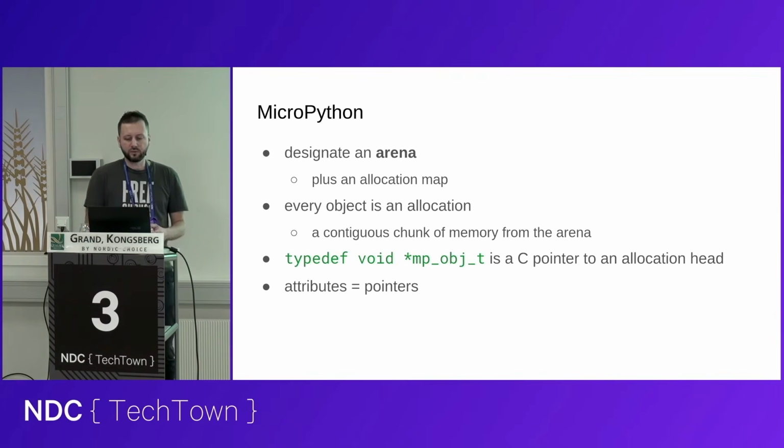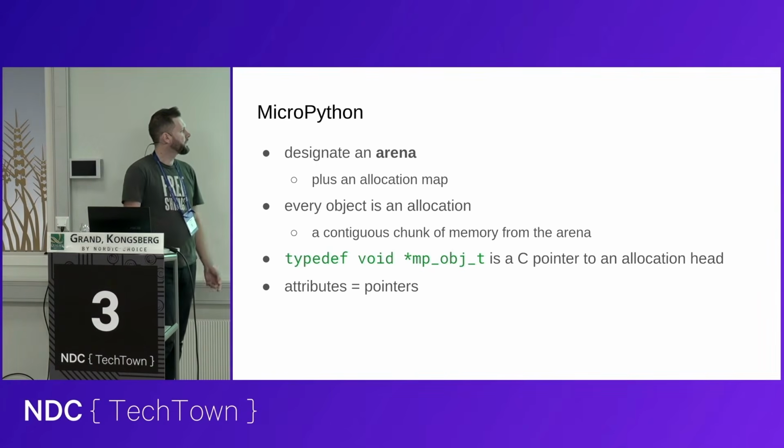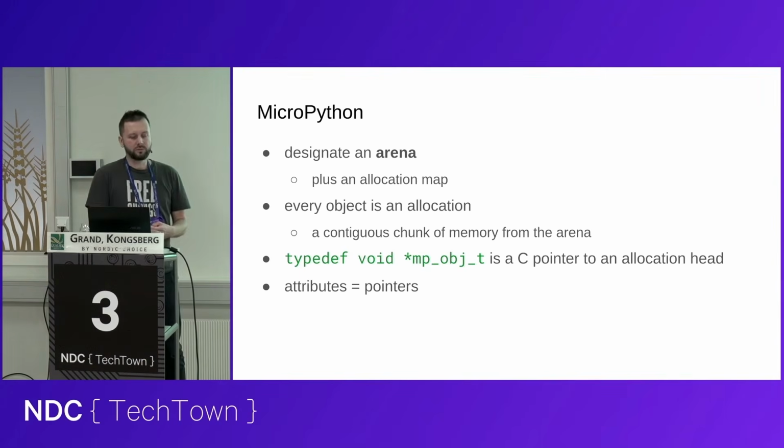And then we can store this pointer and use it to refer to the object. In C terms, we have this special type mp_obj_t, and it always must point to a head of the allocation. And then every attribute of every object is just this type, this pointer.